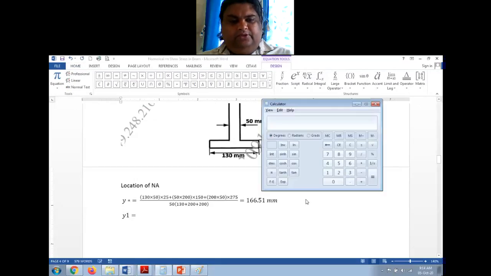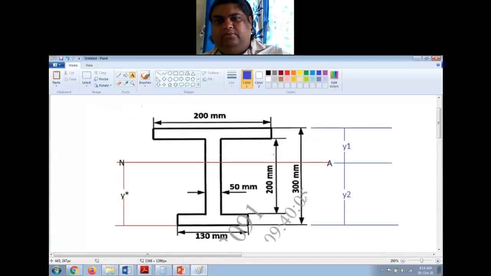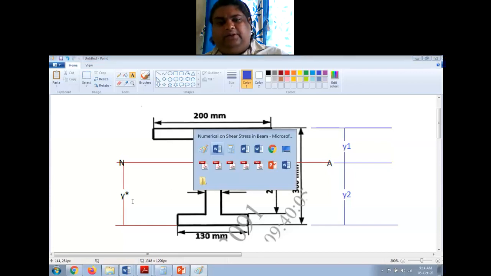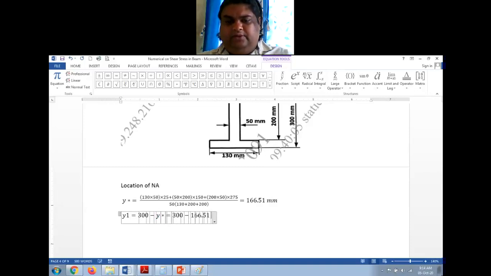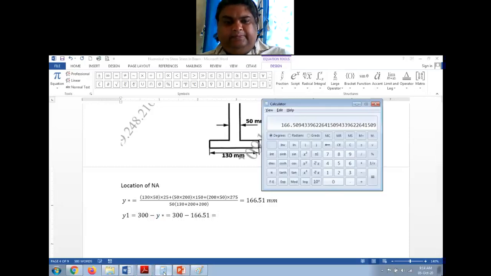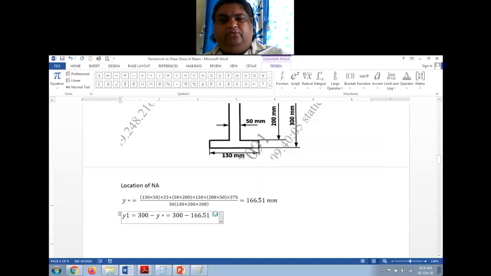So y1 is equal to, now what is y1? It is the total height of this I section, that is 300 minus y star. So y1 is equal to 300 minus y star, and that is equal to 300 minus 166.51. 300 minus 166.51 is 133.49.